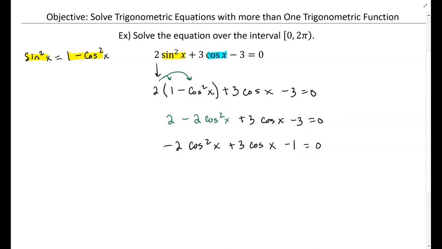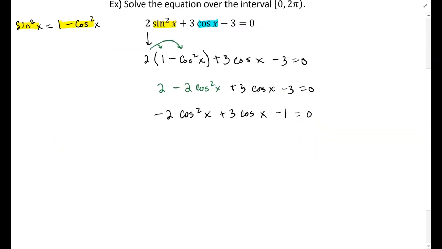All right, so now I'm going to open up two binomials, and we're going to factor this. I will have a 2 cosine x, a cosine x, a 1, and a 1.